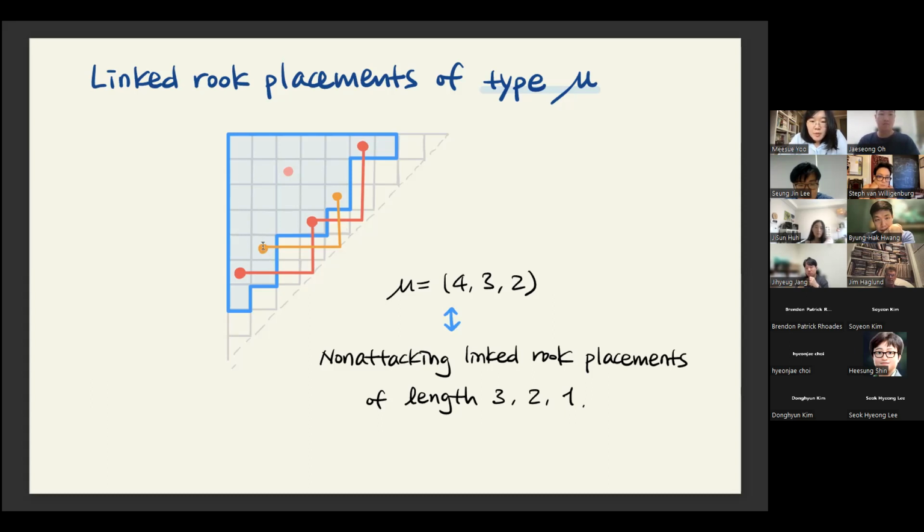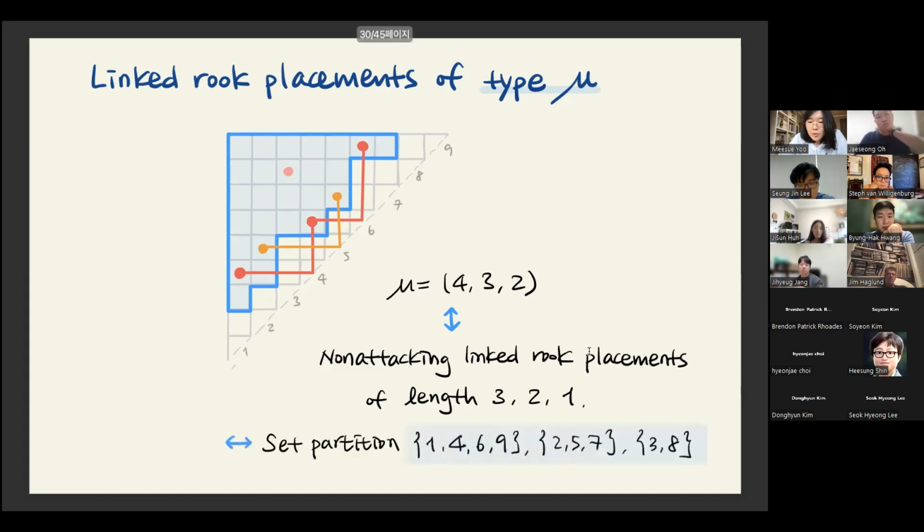So I placed the length 3 rook before, and then we avoid this column and this row. So I start from here, and then I place this linked rook of length 2. And then I also avoid these columns and these rows. And there is only one spot here to place the third rook. So this is a linked rook placement of type 4, 3, 2.